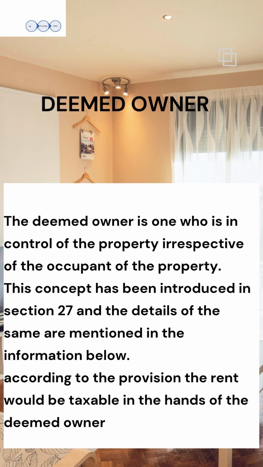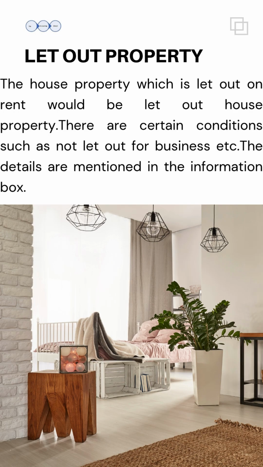Whenever the person sometimes transfers the property to spouse or minor child, but however he keeps the entire control in his hand, so in such cases the deemed owner would be the transferor, and income from the property would be taxed in the hands of the transferor and not in the hands of the spouse or a minor child. There are certain provisions which are given here in the bio.